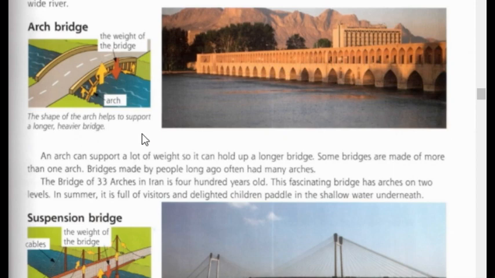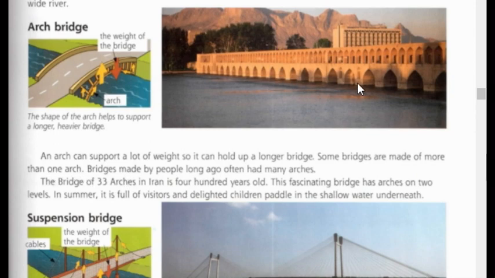Let's read about it. An arch can support a lot of weight. ممكن المنحنى يدعم أو يحمل كتير وزن. So it can hold up a longer bridge. إذا بيقدر يحمل جسر أكبر من اللي شفناه في البيم بريدج. Some bridges are made of more than one arch, like here.